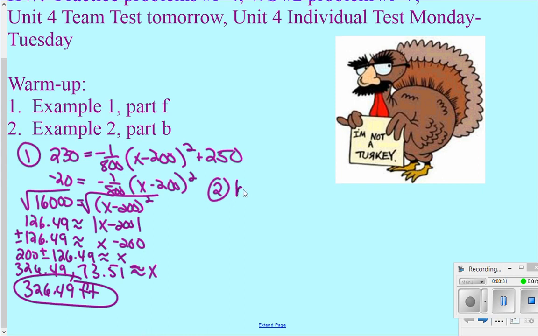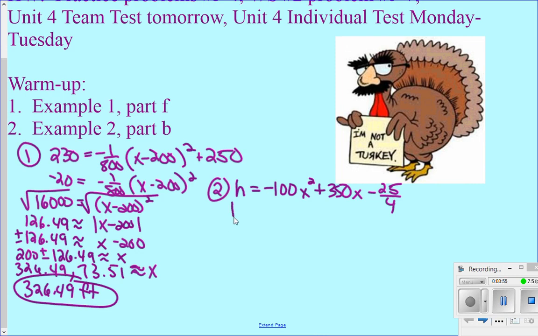So I'm going to start with my equation that I had in the beginning. So I had negative 100x squared plus 350x minus 25/4. So that was our standard form equation.